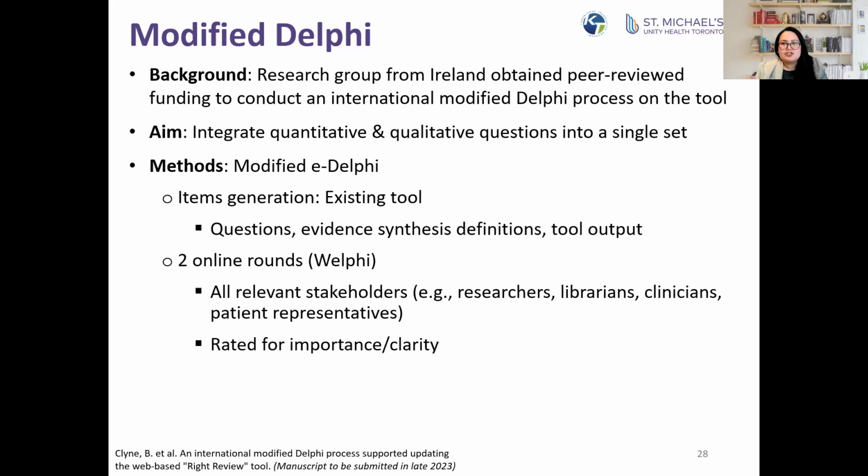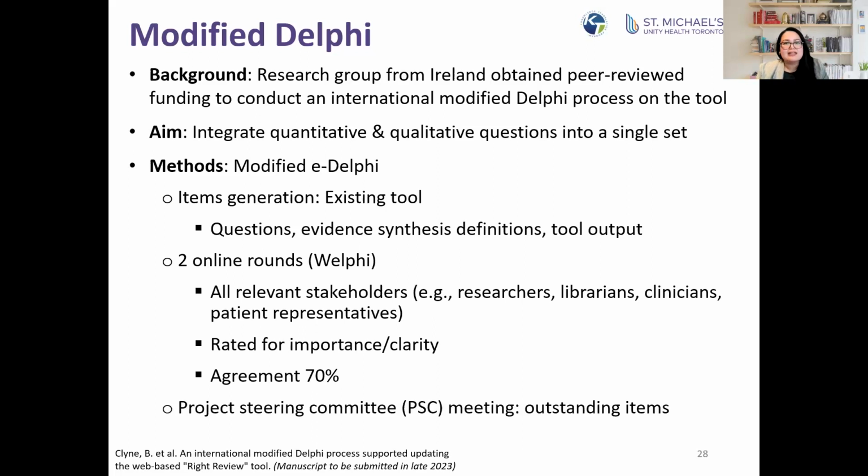And by that, we mean to what extent the item was important in deciding which review to conduct and the clarity of the definitions of reviews and current tool output elements. The agreement was set at 70% a priori. So this is how they defined high agreement in the Delphi. And after 2 rounds, all outstanding items were discussed by the project steering committee.